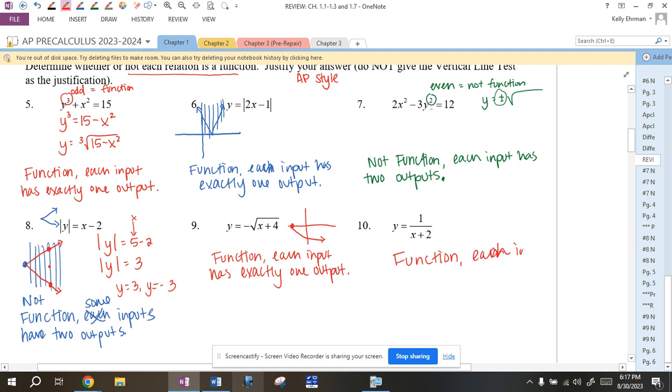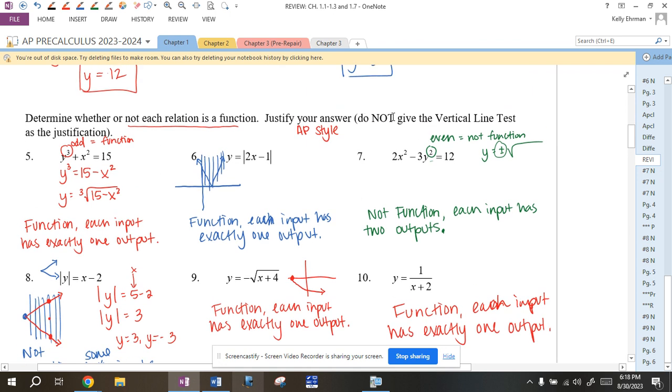Each input has exactly one output. Okay? So again, I might have drawn the vertical line test. At no point did I write that out as my answer. On my quiz tomorrow, if I give you a question like this, I will make sure I'll have the same instructions. Do not give the vertical line test as your justification.